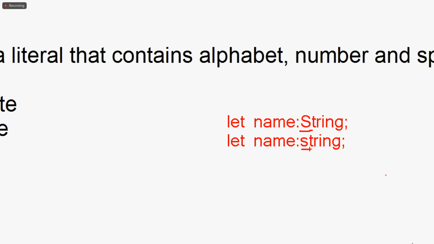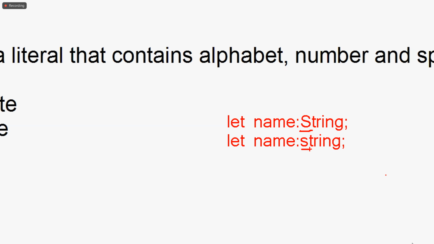But when you define a class as type, that means you are reusing the class members through an instance of that. So the first one is an instance of the String class. The second one is a string type.